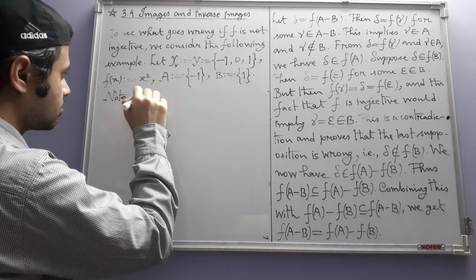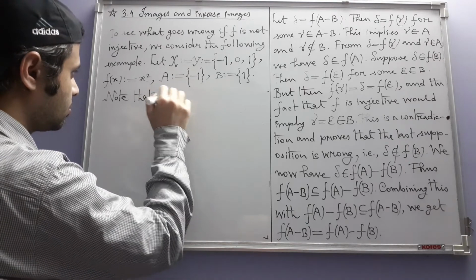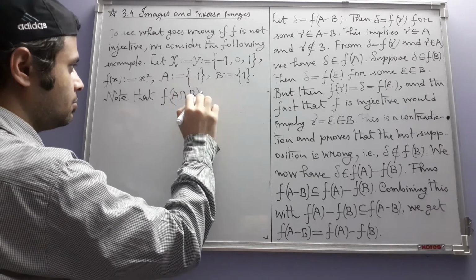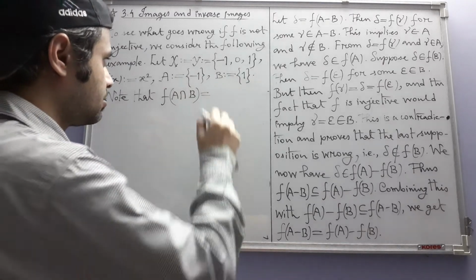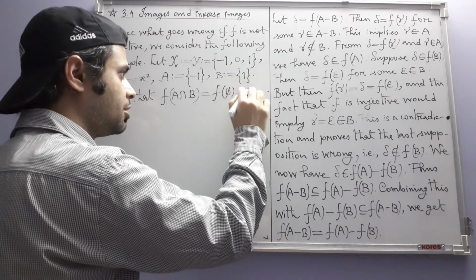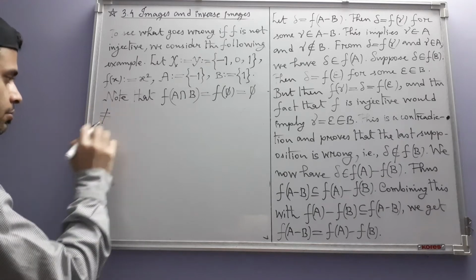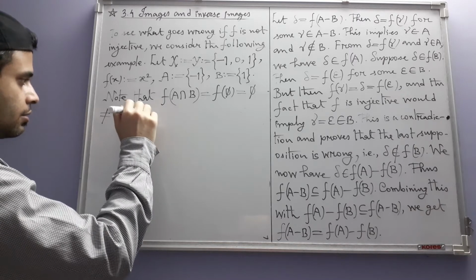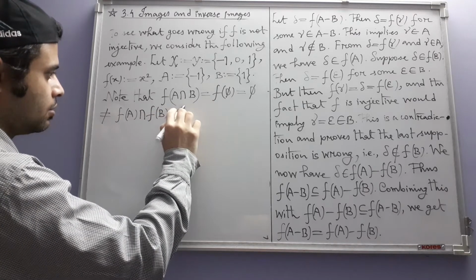Note that the first one involved intersection, so we do that first. If A intersection B, okay, A and B are disjoint, so their intersection is the empty set, whose f image is also the empty set, and this is not equal to f(A) intersection f(B).